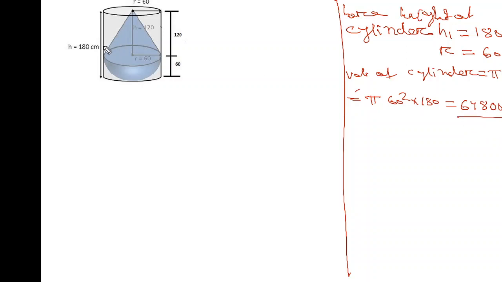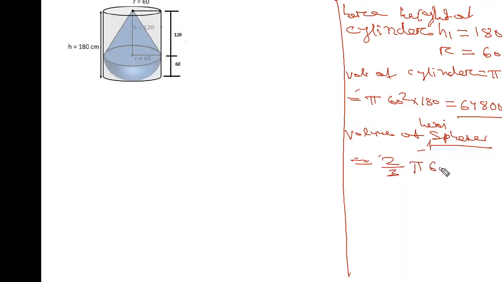Now we will move to the hemisphere. Then here you can see the radius of the hemisphere is same, all the radius are same. So volume of sphere, sorry, it's hemisphere. Volume of the hemisphere will be equal to, you know the formula, 2 by 3 pi r cube.